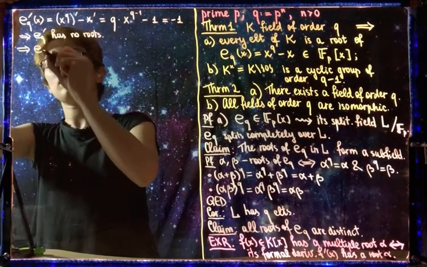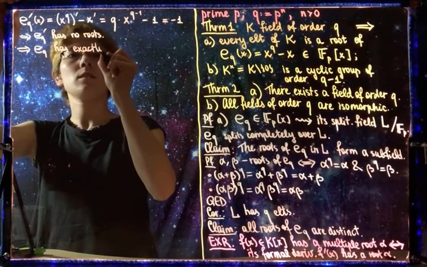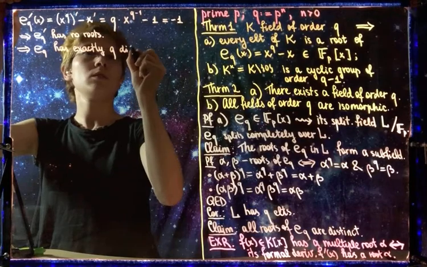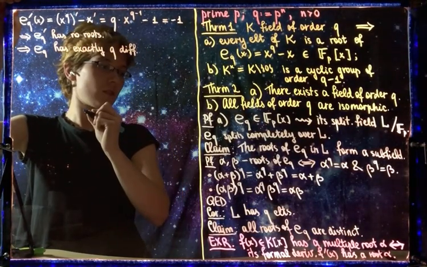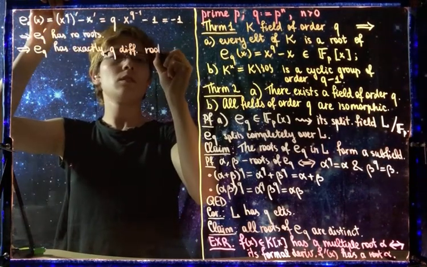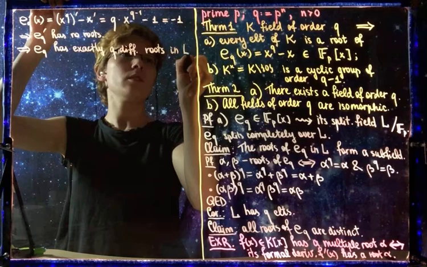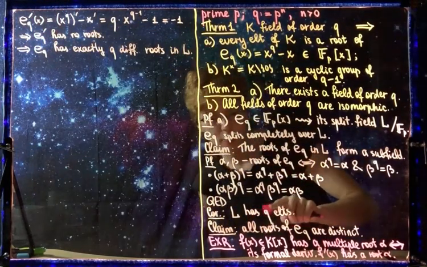So E sub q has exactly q different roots in L. And this corollary should have been here.